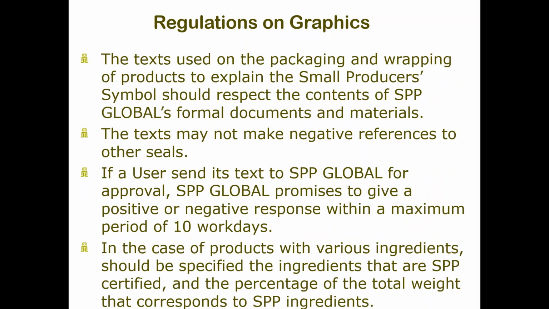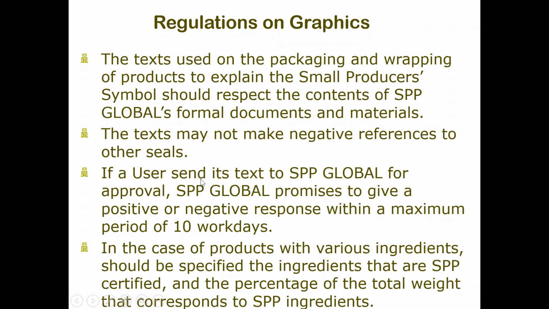Now, some organizations or final buyers use a text to explain what the SPP is on their labels or packaging. So the text has to comply with these regulations. The text might not make negative reference to other seals.